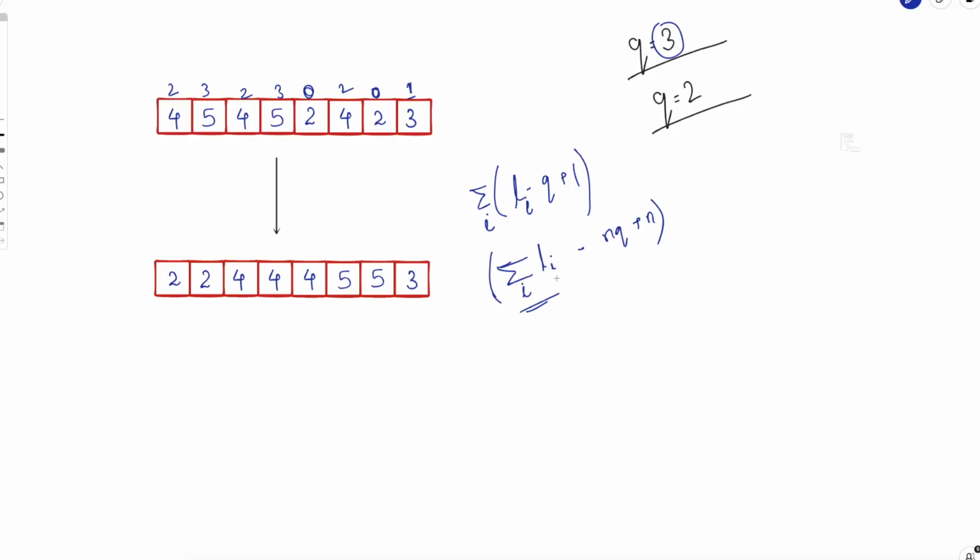But this formula will not give you the correct answer. Why? Because there could be elements which are less than the length of Q itself, right? So let's say this is 1. In that case, if you do L minus Q plus 1, this will come as minus 1, and that is something you can't use here because that would negatively impact your final answer.